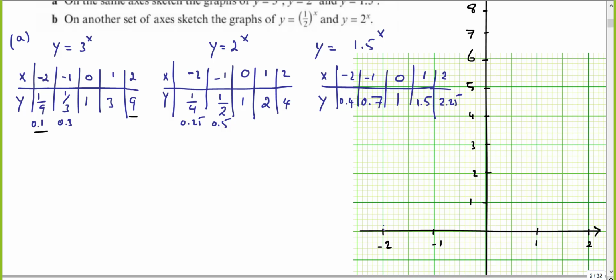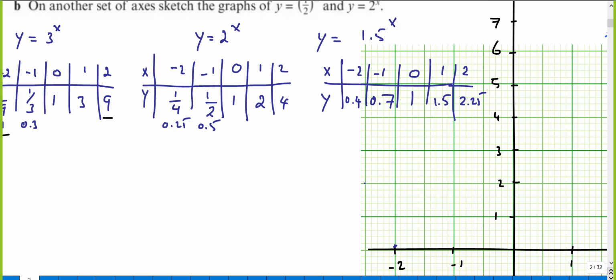So 0.1 is not this dot, it will be lower, in the middle here. You see what I'm saying?